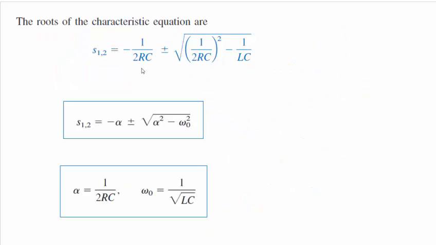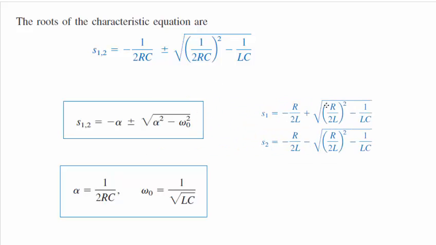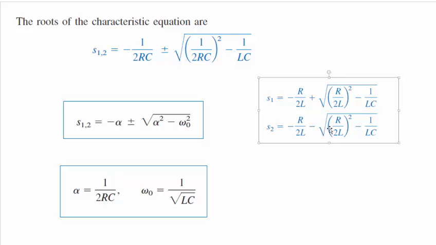So here are the roots, s1 and s2, functions of R, L, and C, and then we again put it in this form of an alpha and an omega, or an alpha and a beta. The omega naught, the natural frequency, is 1 over the square root of LC, just the same as the series circuit, but I think alpha is a little different. So for the fun of it, this is what the series circuit s1 and s2 had. This is the parallel s1.